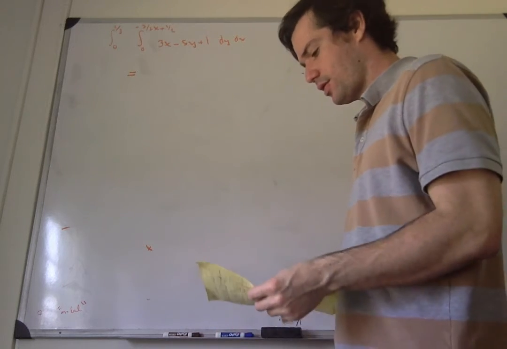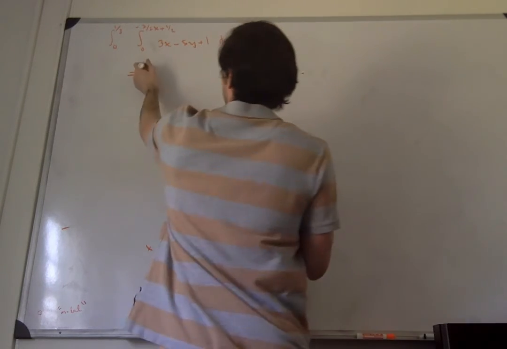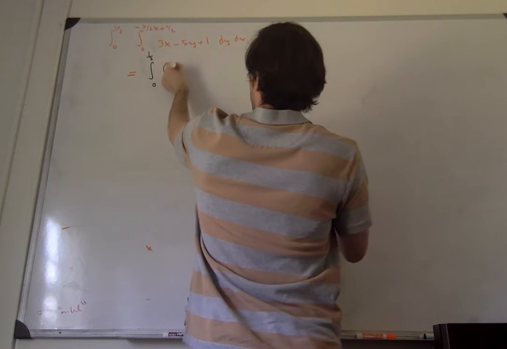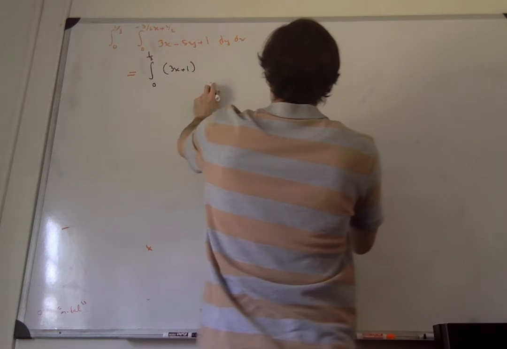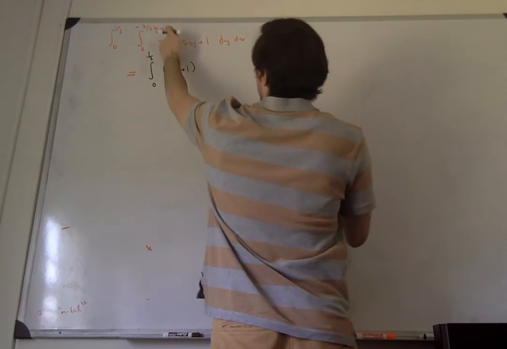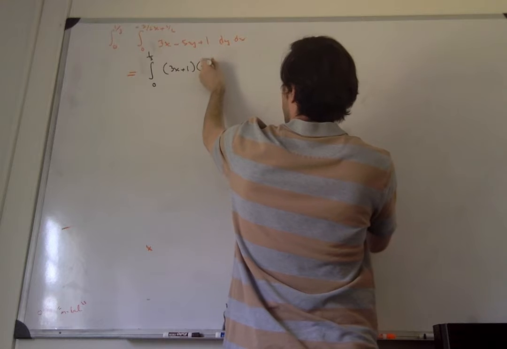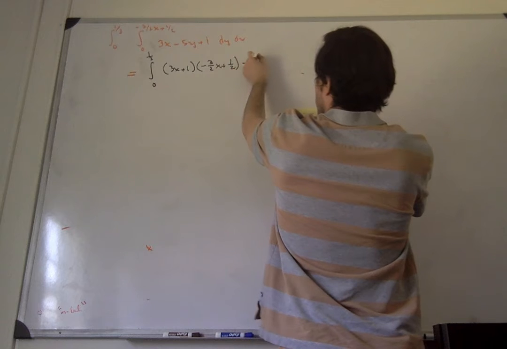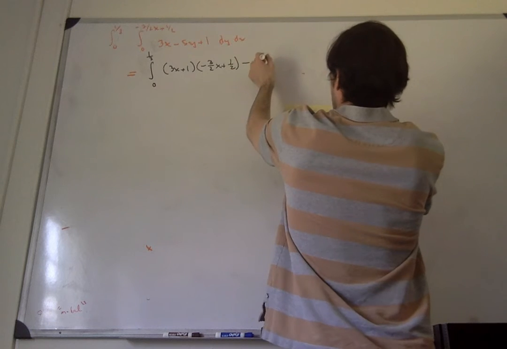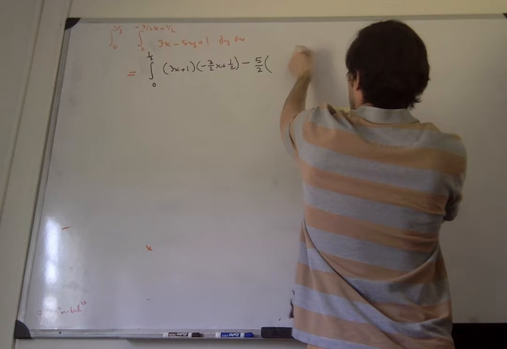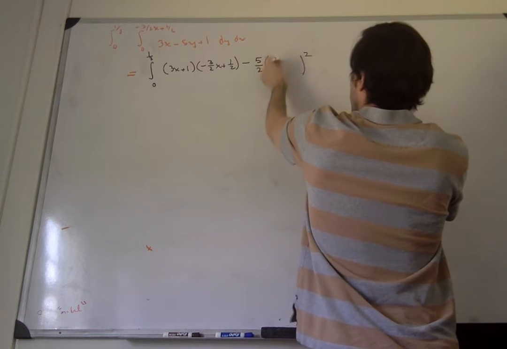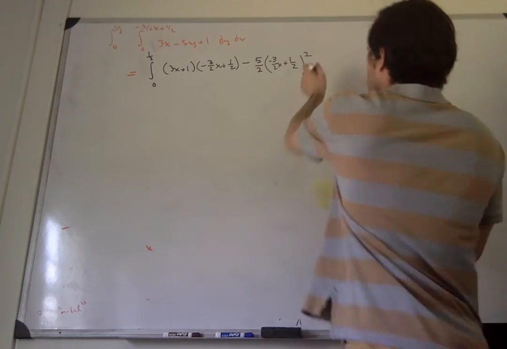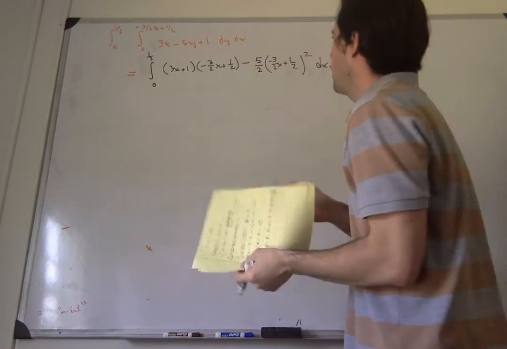So let me rewrite the outside integral so you get 1/3, and this will be 3x plus 1, right? I integrate and pick up a y, and I'm going to replace it with that, so it's going to be negative 3/2 x plus 1/2, okay, minus 5/2 negative 3/2 x plus 1/2, right? dx.